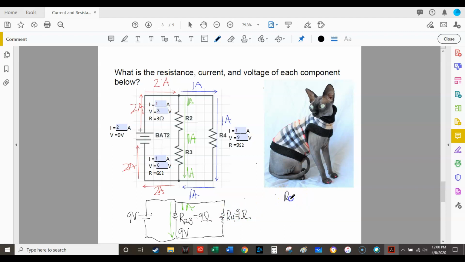Well, to combine all those together, you have to go R23 times R4 over R23 plus R4. That's just supposed to be a multiplication symbol.